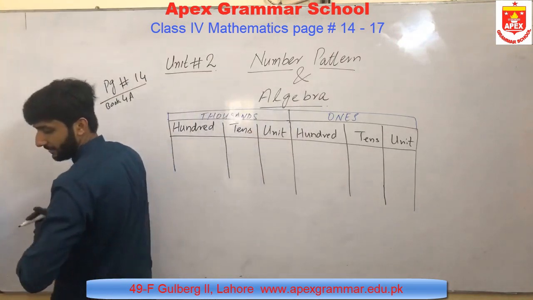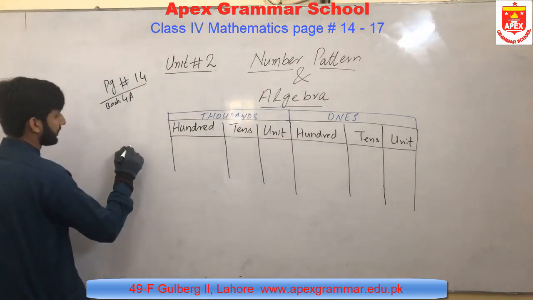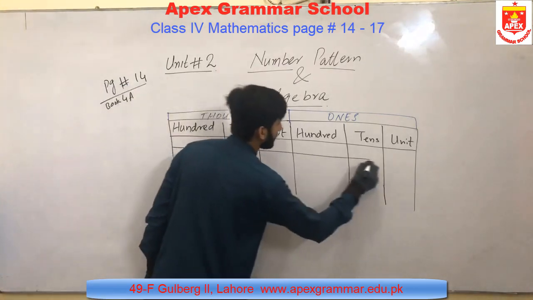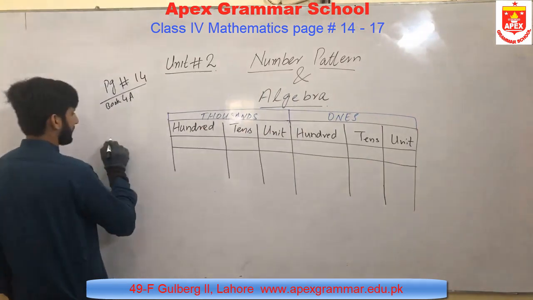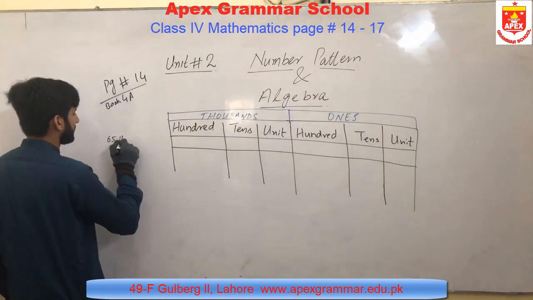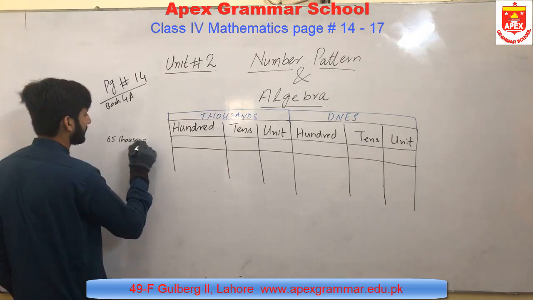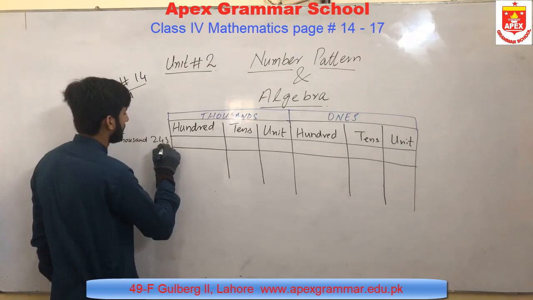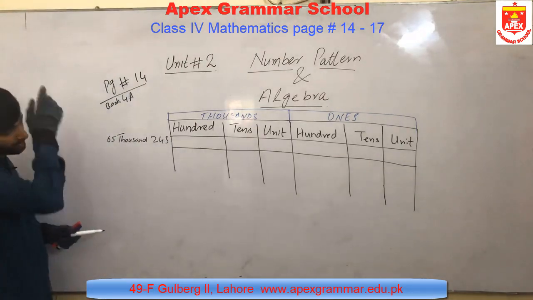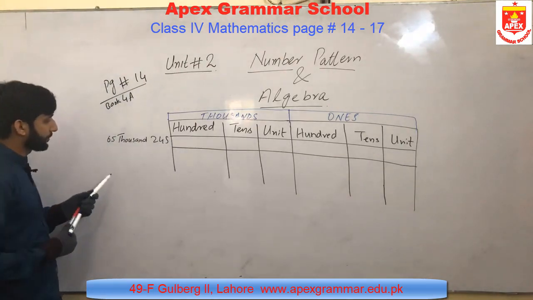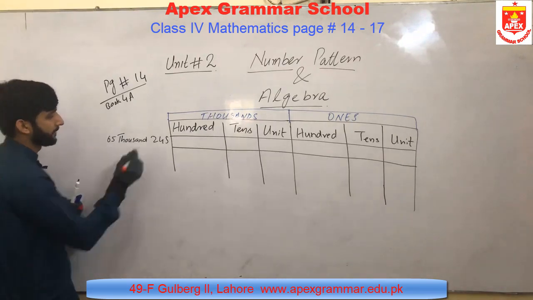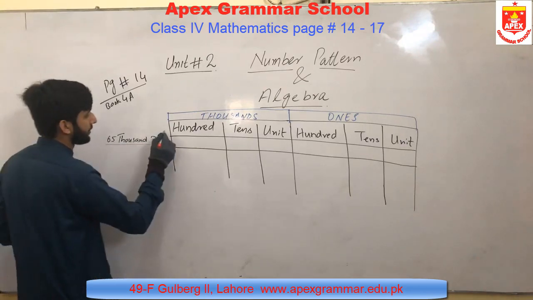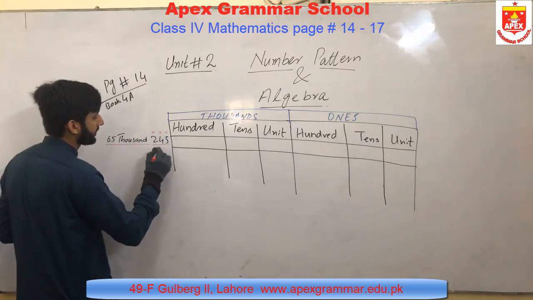Okay, first number is 65,245. If I write the position of this number, this is thousand side, and this is unit side. This is unit, 10, 100 in ones.